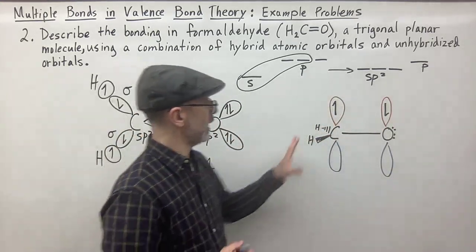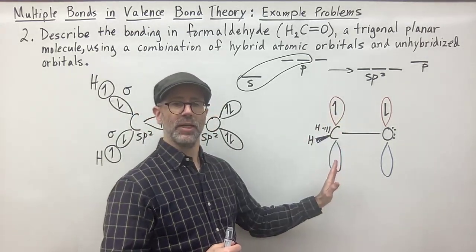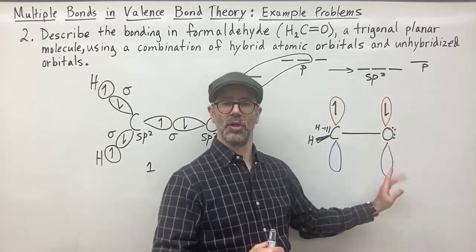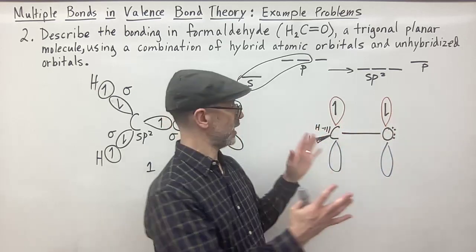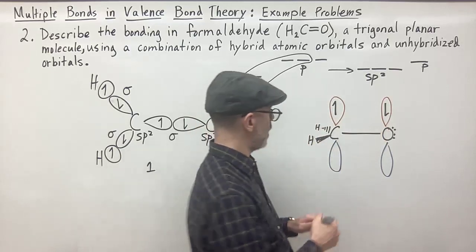And so again, because we have an unhybridized p orbital on this atom, and adjacent to that we have another atom with an unhybridized p orbital, and they both have a single electron, that means that they can overlap, they can combine and form a pi bond.